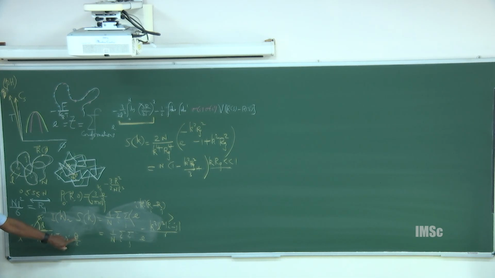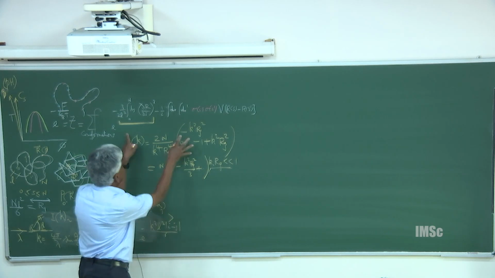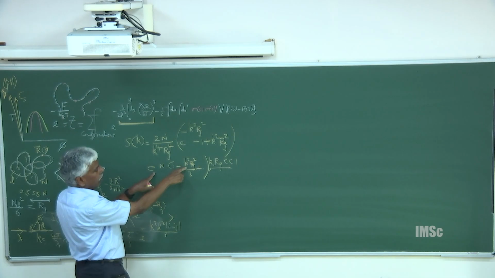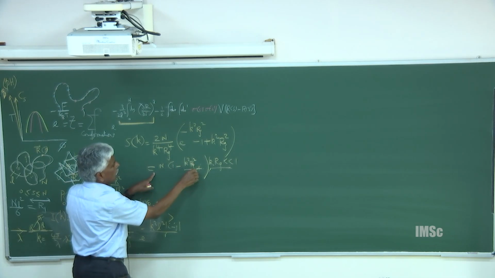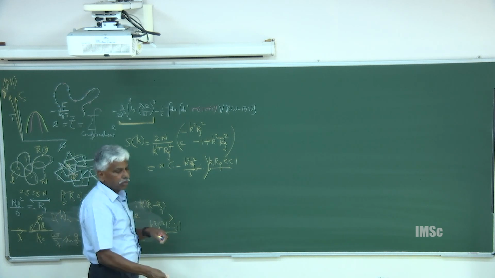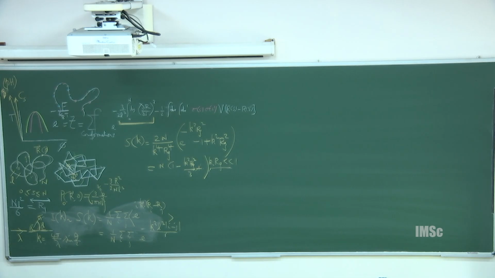When theta is small, sin theta is small, therefore k is small. Then this expression becomes like this, and you measure as a function of different k, and you get Rg, and when you extrapolate for small values of k, you get N. So, in a single experiment you can get N and Rg, the molar mass of the polymer, and also the radius of gyration.